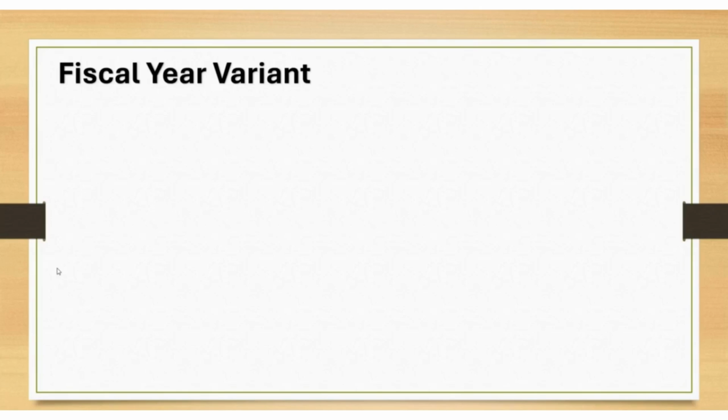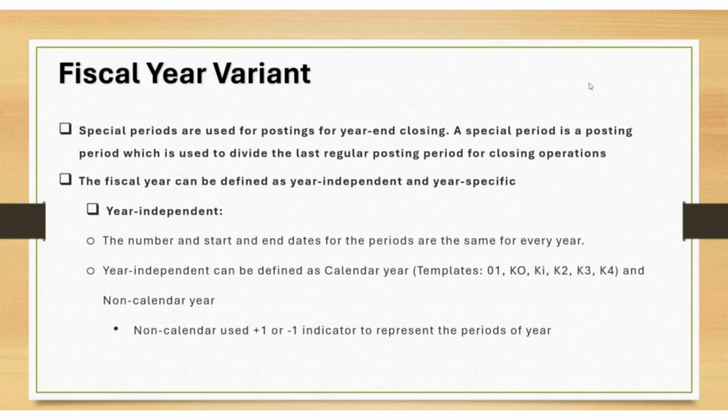Next is the fiscal year variant. A fiscal year can be identified as year independent or year specific. What is year independent? The number and start and end dates for the periods are the same for every year. Year independent can be defined as a calendar year. SAP has already provided templates for a calendar year, that is K0, K1, K2, K3, K4, and also a non-calendar year.